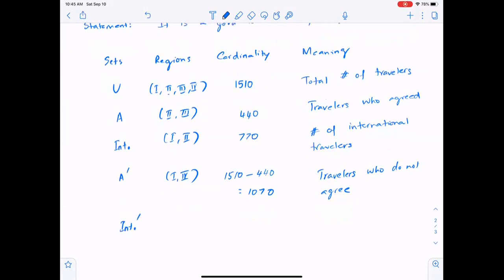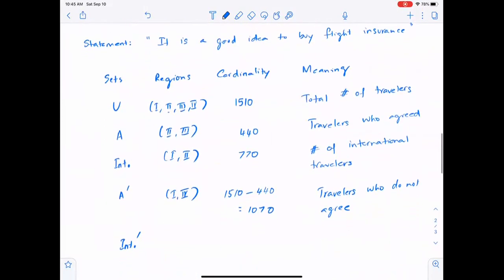Okay, so we want to find the complement of the set int, international travelers. So every region that is in int shouldn't be in int complement. So 1 and 2 are in int. That would imply 3 and 4 have to be in its complement. Well, if 3 and 4 are in the complement, we have to exclude the counts of 1 and 2, which would simply correspond to 770.